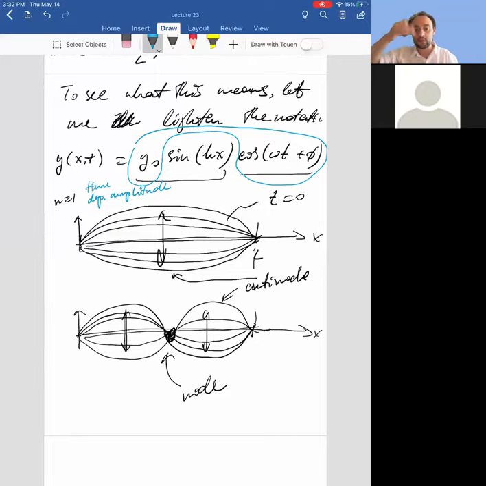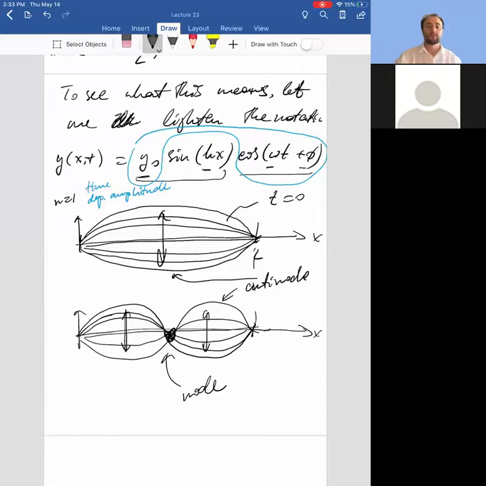And I suppress the index n just to make it a little bit less intimidating for you. But for each mode, you have each mode's maximal amplitude, each mode's wave number, each mode's frequency, and each mode's phase constant.